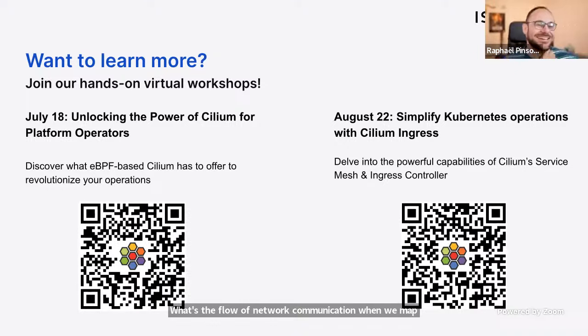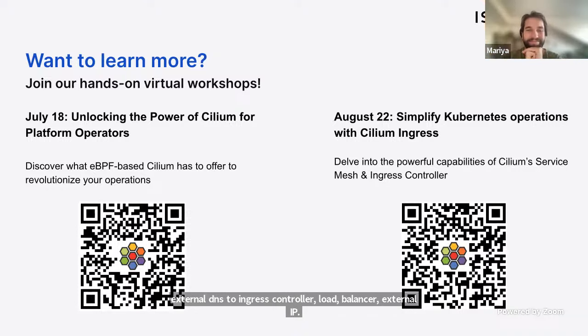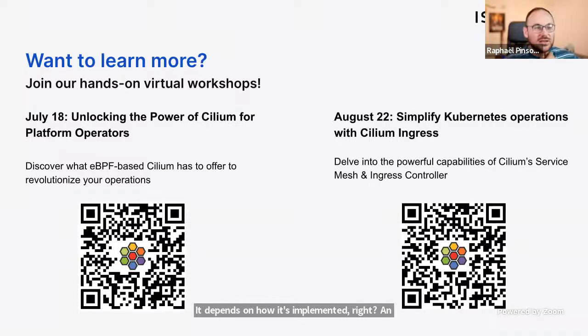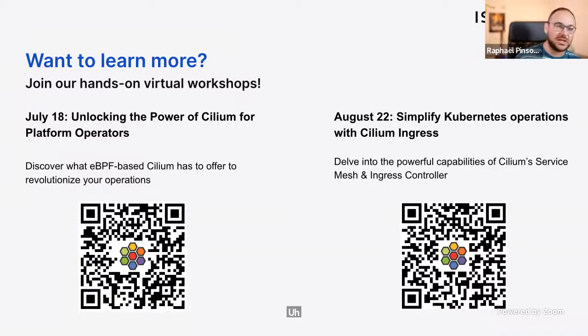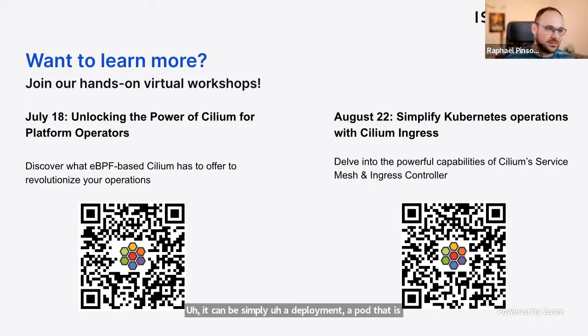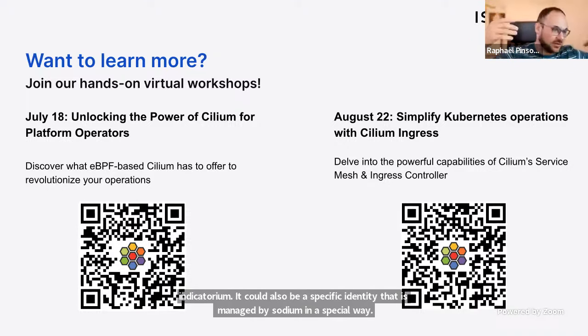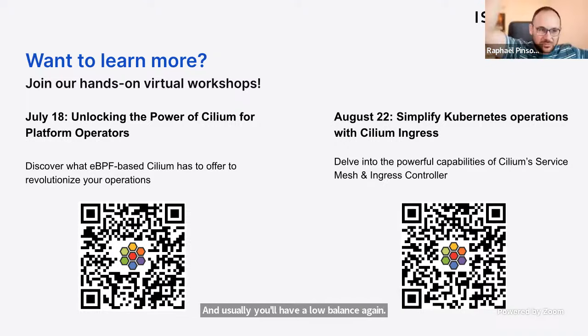So what's the flow of network communication when we map external DNS to ingress controller, load balancer, external IP? It depends on how it's implemented, right? An ingress controller essentially can run in different ways. It can be simply a deployment, a pod that is running in your cluster and is just a standard pod. In the case of Cilium, it could also be a specific identity that is managed by Cilium in a special way. And usually you'll have a load balancer. Again, the load balancer can be somewhere in front, provided by the cloud provider, or it could be in the cluster, like in the case that I explained with Cilium and LB IPAM.